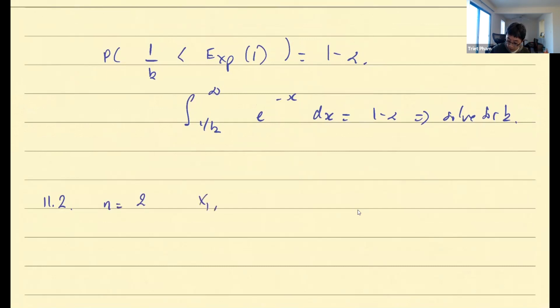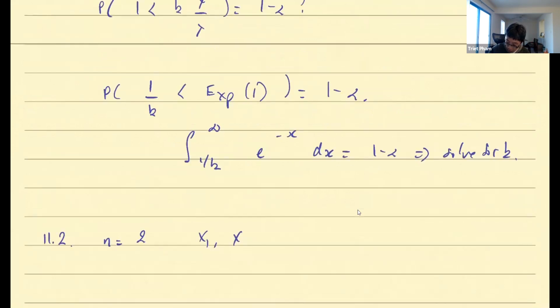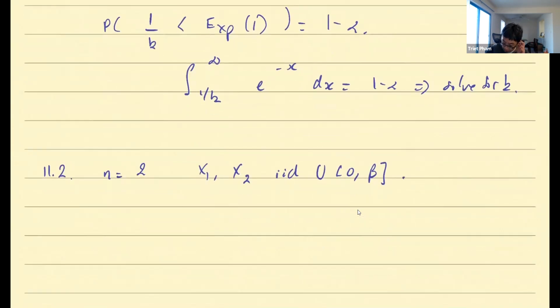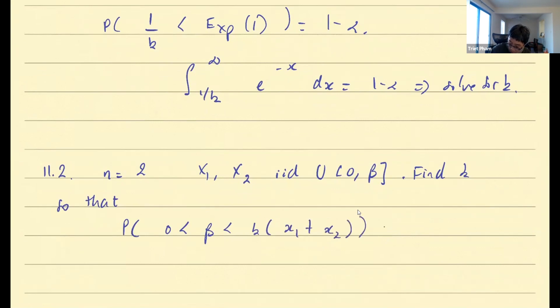They say X1, X2 are IID uniform 0 to beta, and they want to find k so that the probability of 0 less than beta less than k times (X1 plus X2) is 1 minus alpha.